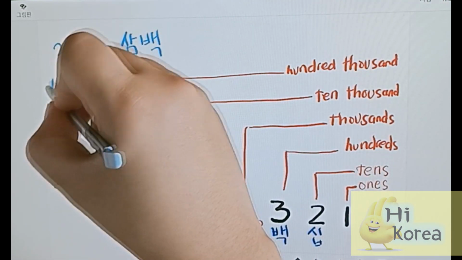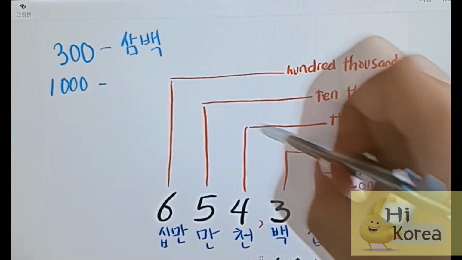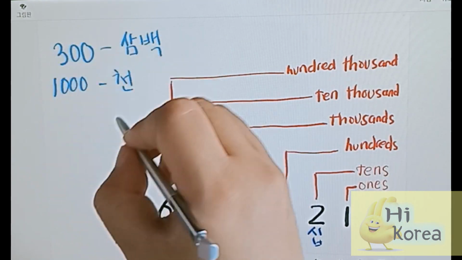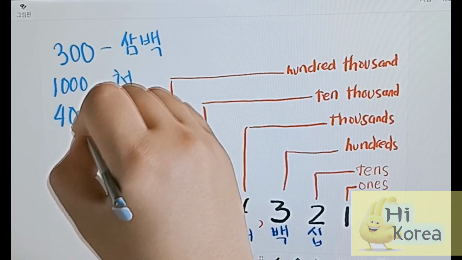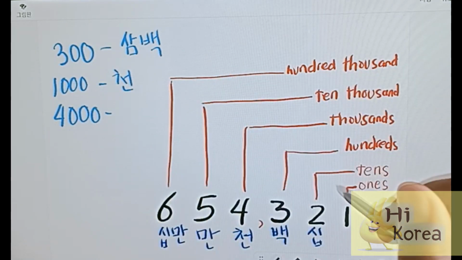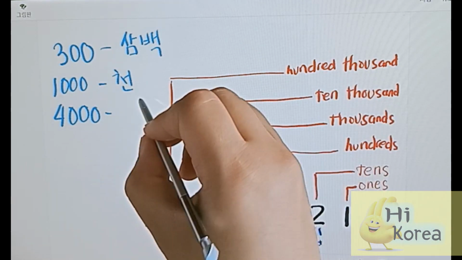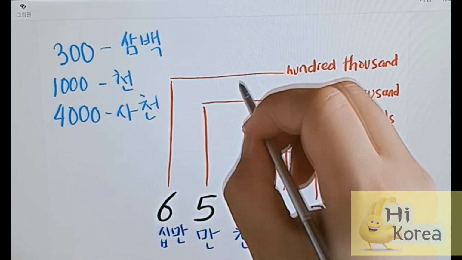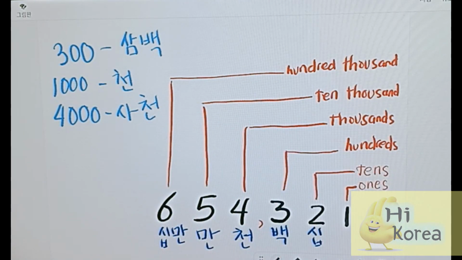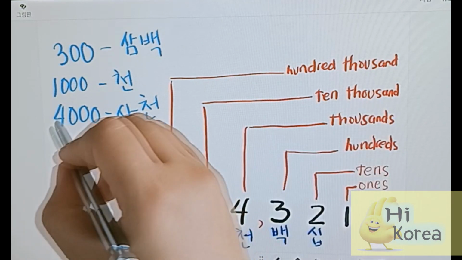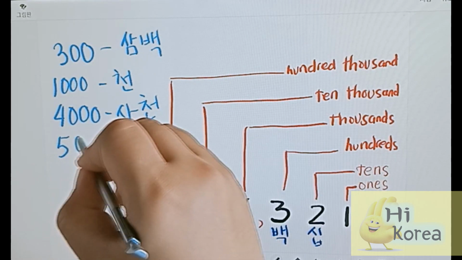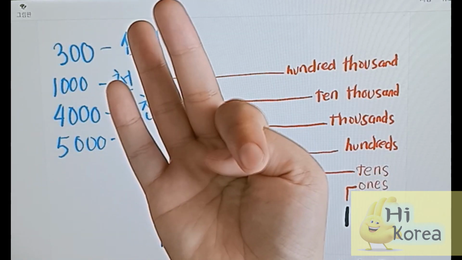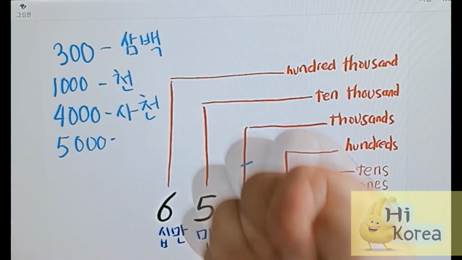For 1,000, thousands, 천. And if it is 4,000, it will become 1, 2, 3, 4, 4천. For example, 5,000. 1, 2, 3, 4, 5.